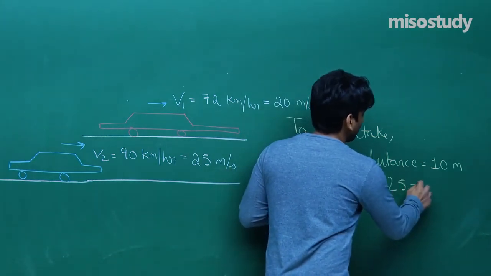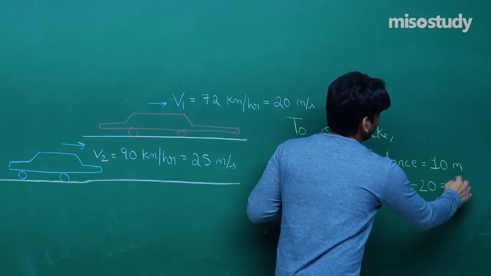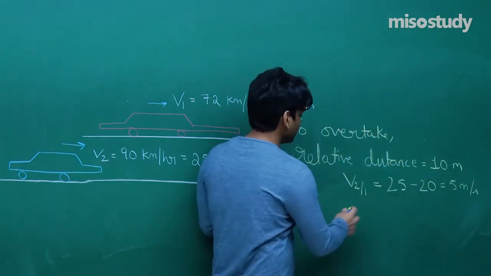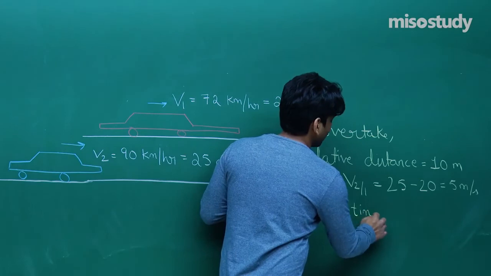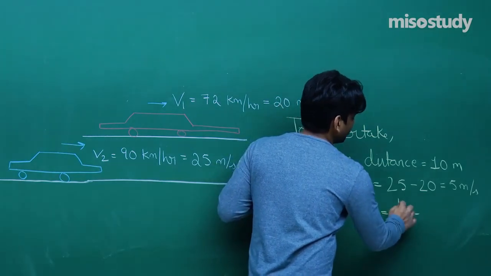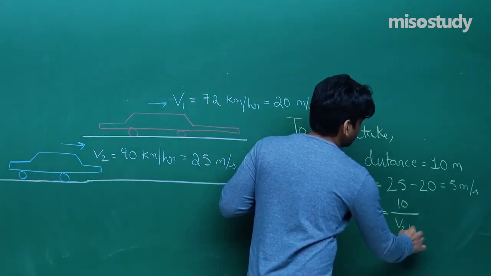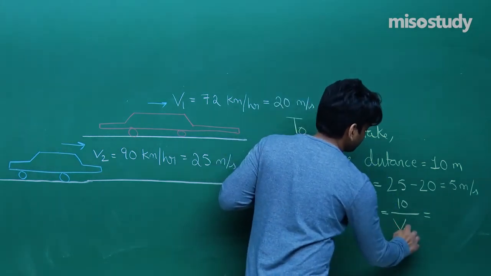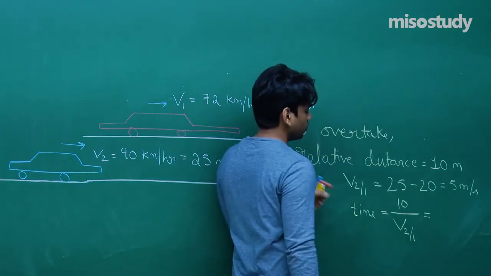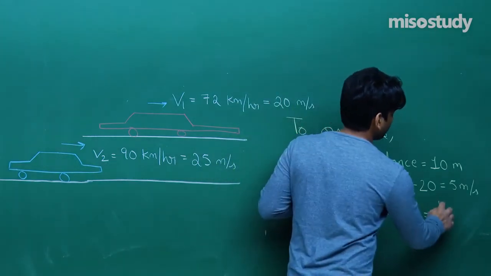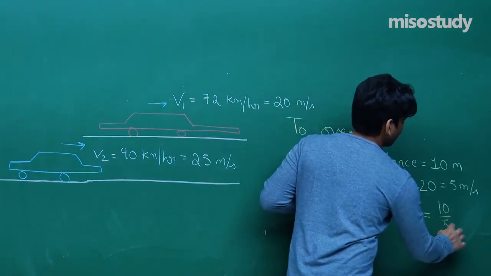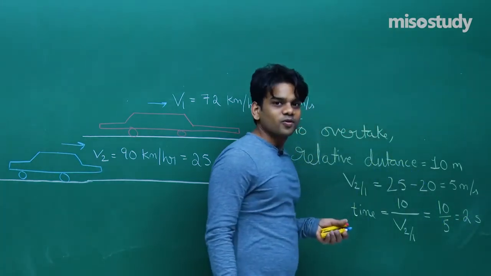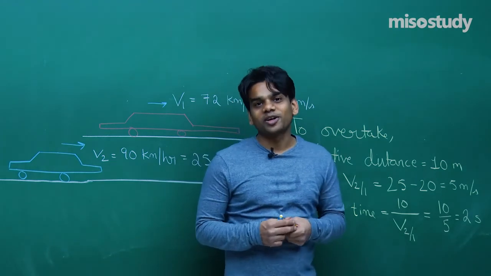So I am not showing you the long equation, that is 5 meter per second. So time taken to overtake, that will be 10 by v of 2/1, velocity of 2 with respect to 1. Velocity of 2 with respect to 1, that is 5, so 10 by 5, that comes out to be 2 seconds. So we got this, in 2 seconds it would be completely overtaking.